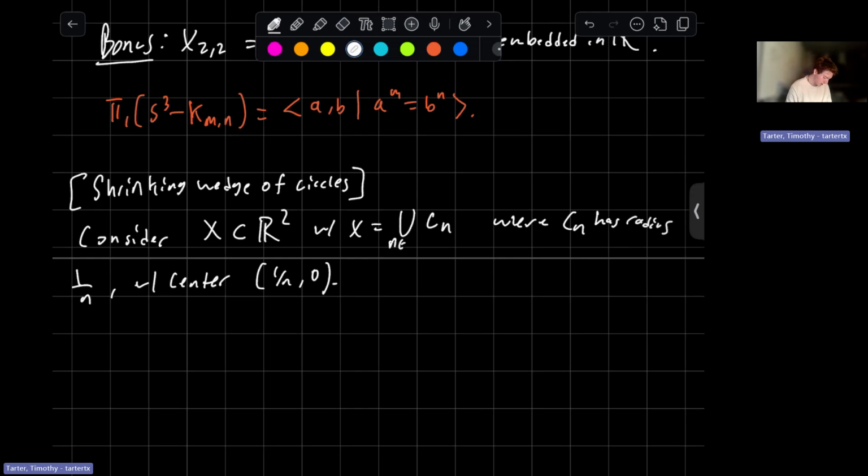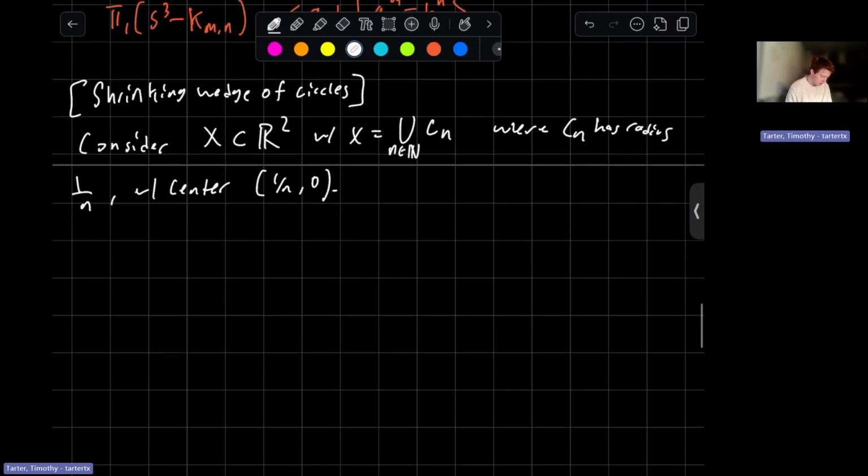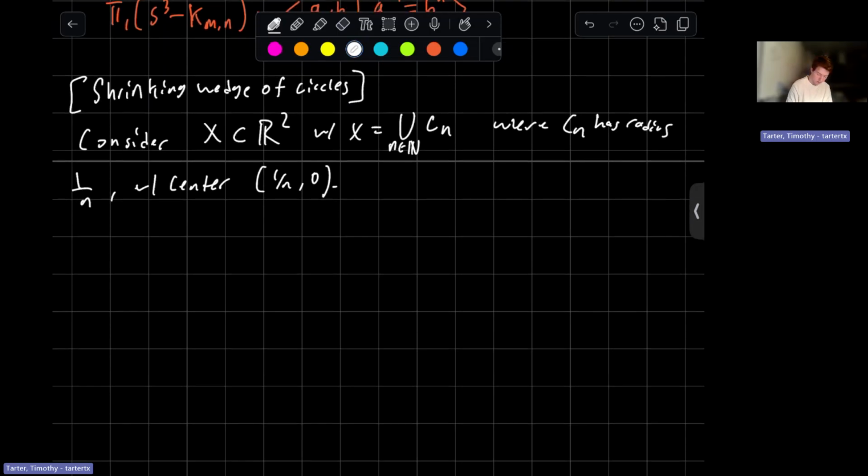This looks pictorially like a bunch of nested circles.